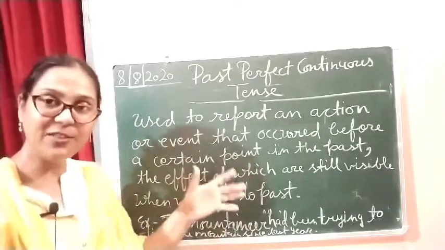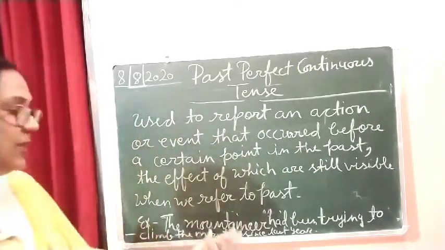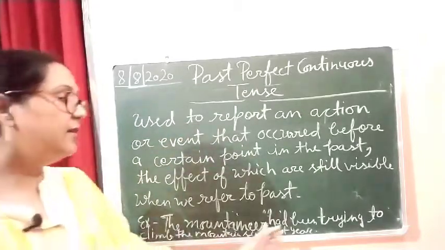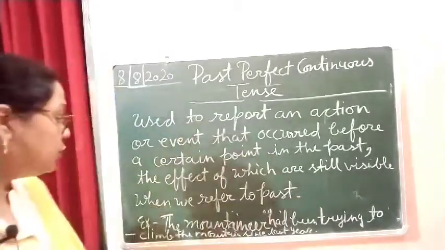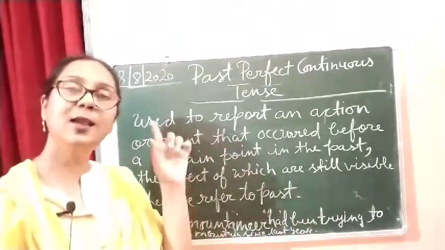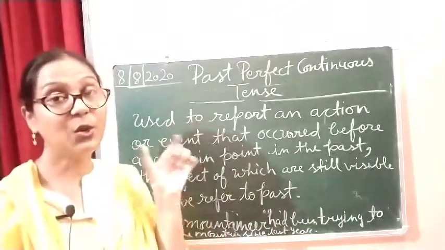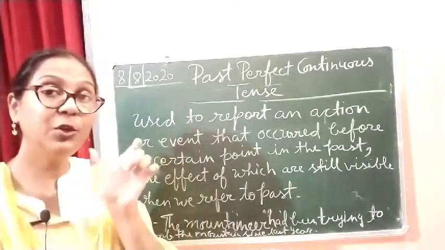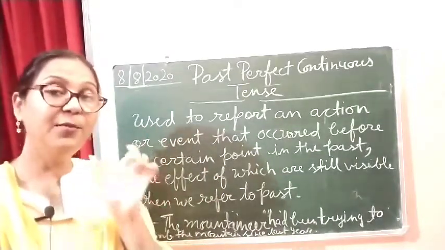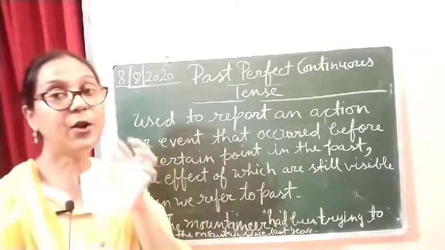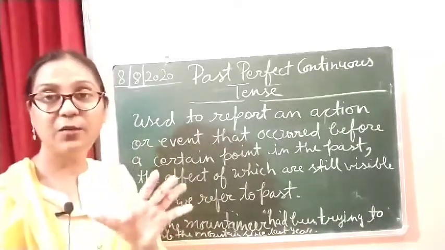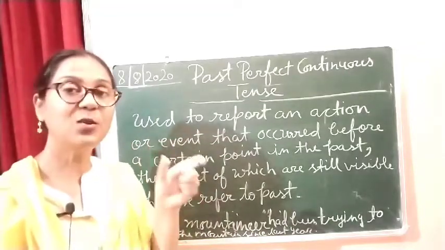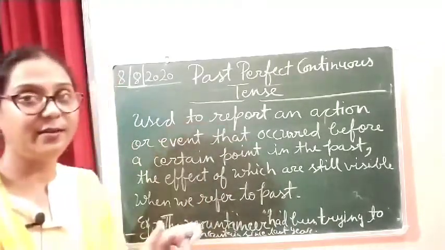So from this example we can understand: the mountaineer had been trying to climb the mountain since last year. Here had been and since denote the duration. From that we can understand this mountaineer was trying this since last year. So the time is also denoted over here.